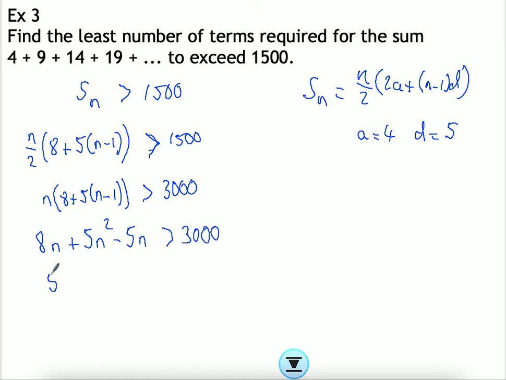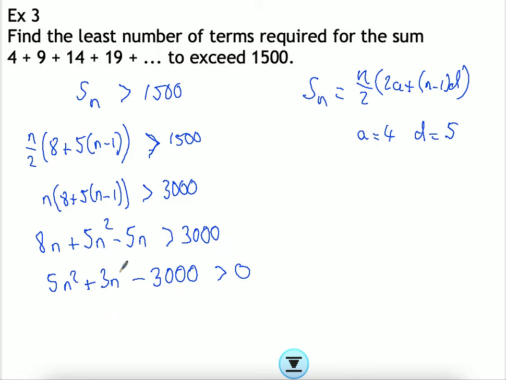We're going to simplify all of this. I'm going to take the 3,000 across because it's a quadratic. Now I'm just going to use my calculator to find the roots of this if it were equal to 0. It's going to save me a bit of time. The coefficient of the square term is 5, the linear term is 3, and the constant is negative 3,000.